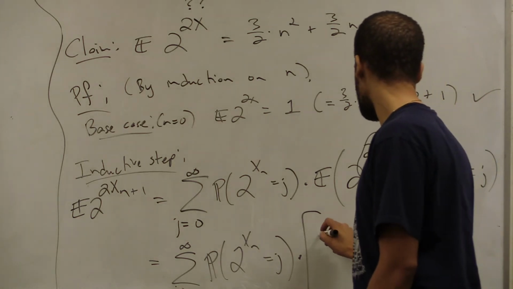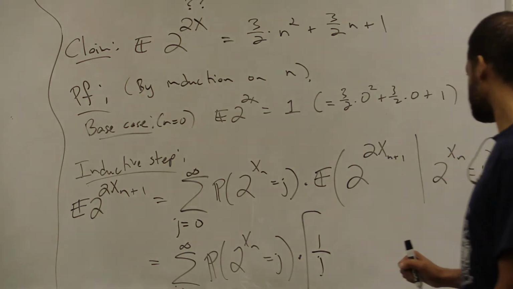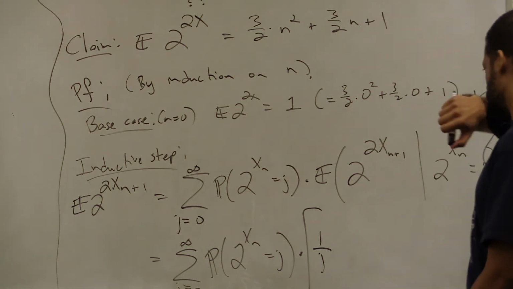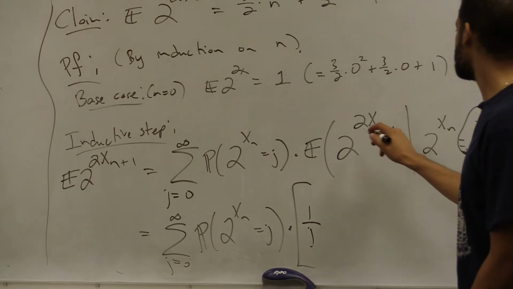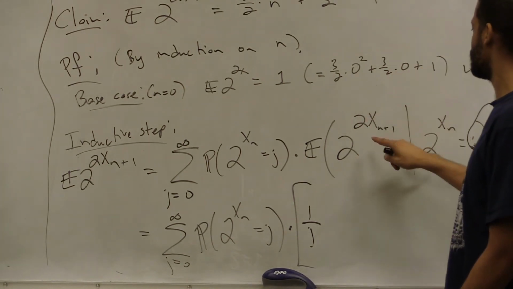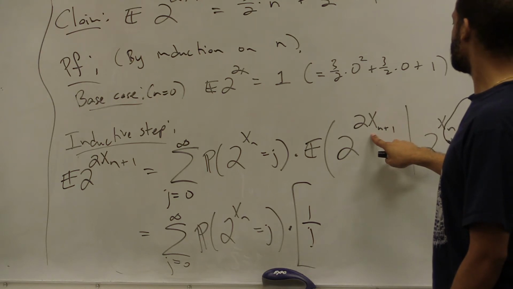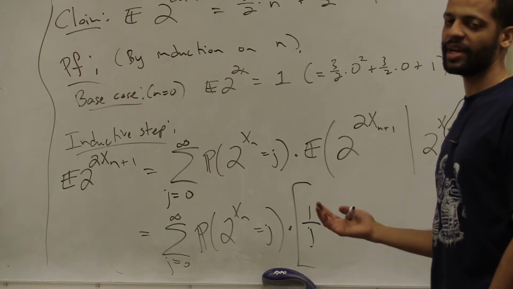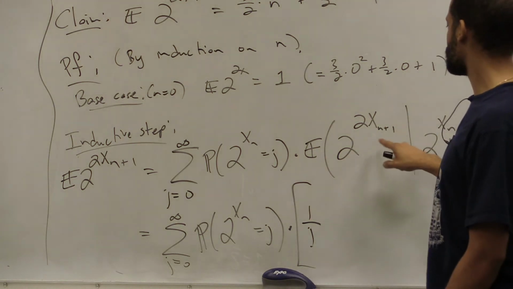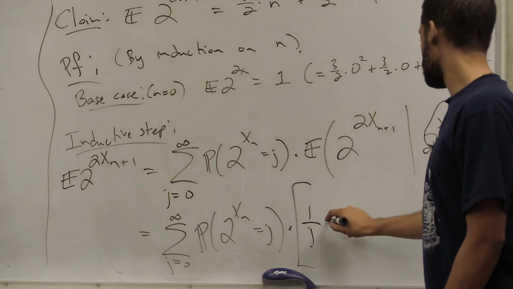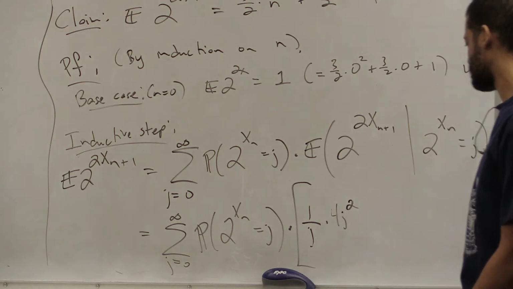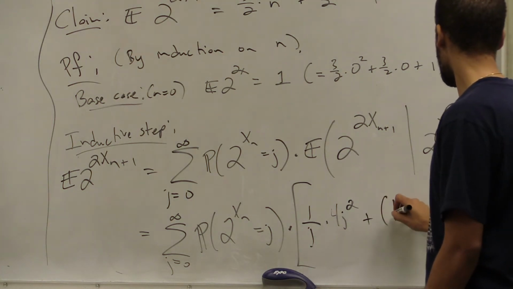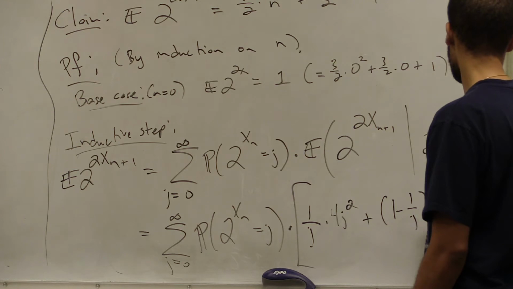If we do increment, so with probability 1 over j, this will become, right? This is the same thing as 2 to the x, squared. So now, if we incremented x by 1, then 2 to the x doubled, right? If we increment x by 1, 2 to the x doubled. And then we squared it, so it quadrupled. So times 4j squared, right? Plus 1 minus 1 over j times j squared.